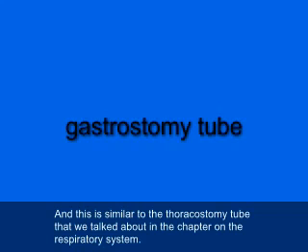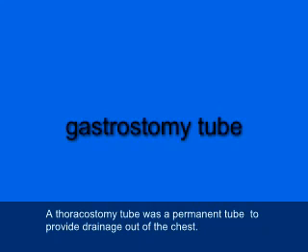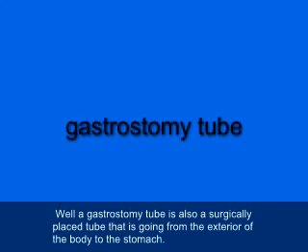And this is similar to the thoracostomy tube that we talked about in the chapter on the respiratory system. A thoracostomy tube was a permanent tube to provide drainage out of the chest. Well, a gastrostomy tube is also a surgically placed tube that is going from the exterior of the body to the stomach.